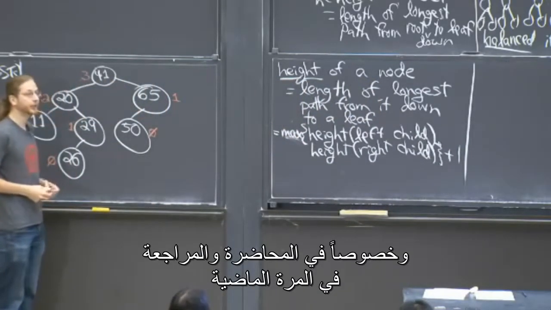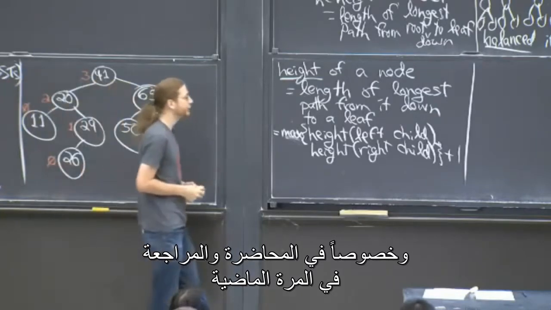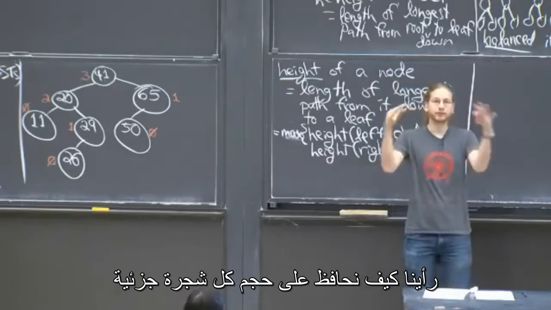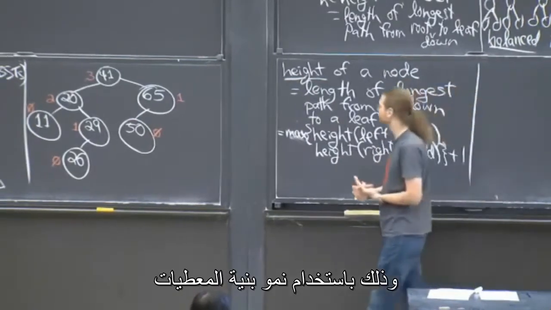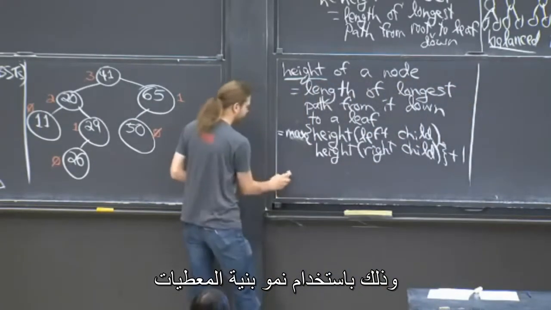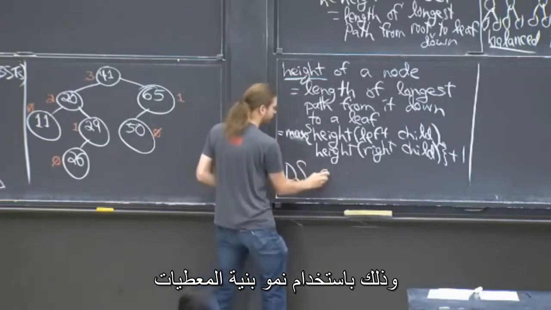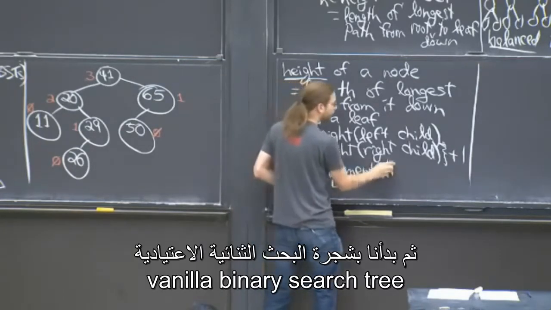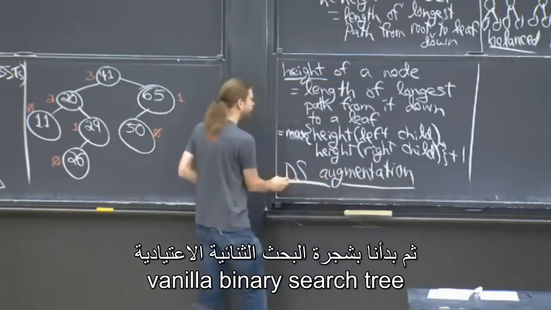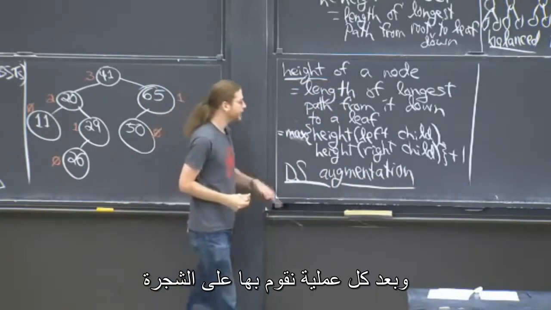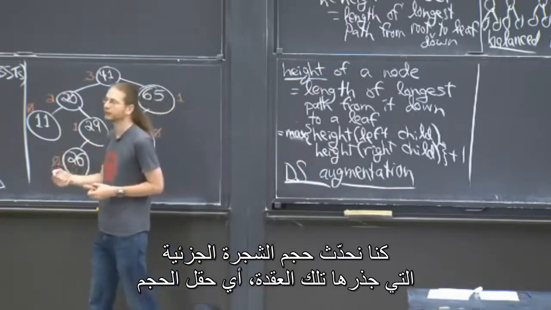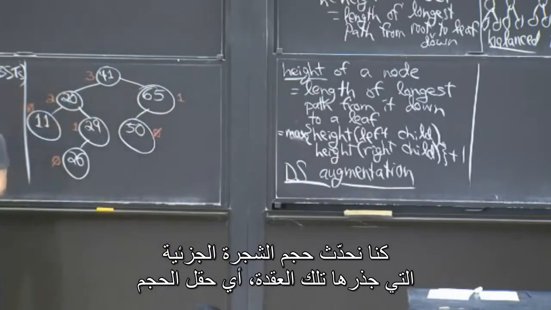In lecture and recitation last time, we saw how to maintain the size of every subtree using data structure augmentation. We started with a regular vanilla binary search tree, and every time we did an operation in the tree, we also updated the size field of the subtree rooted at that node.